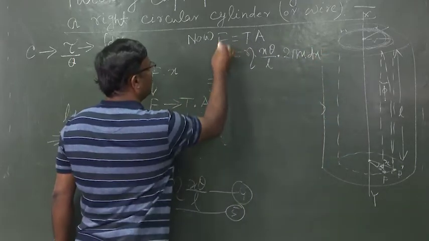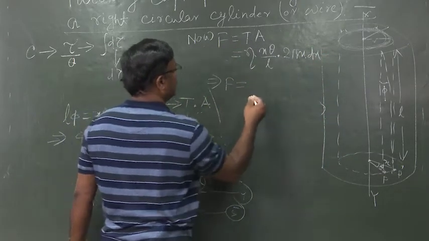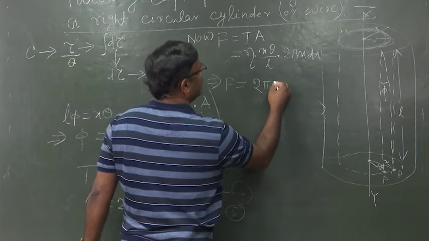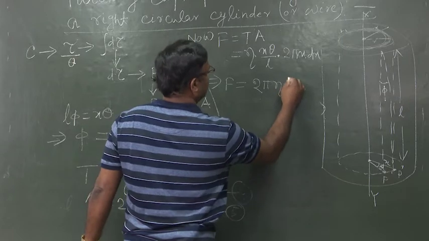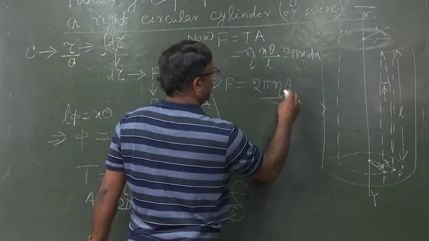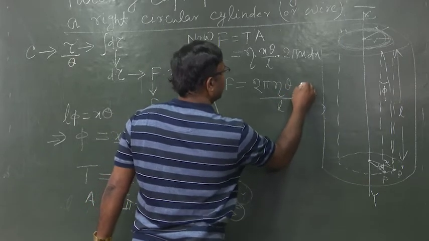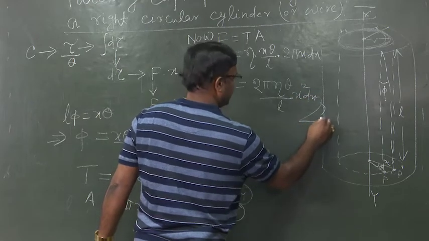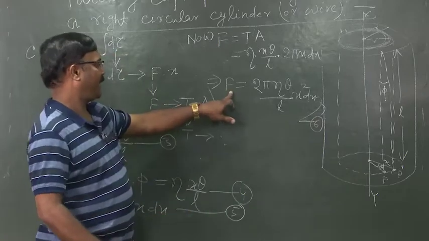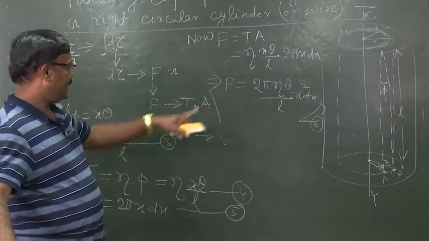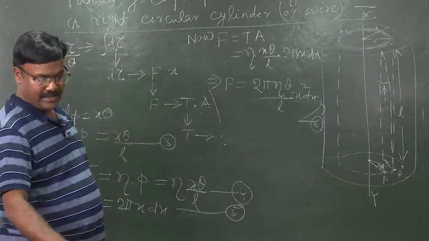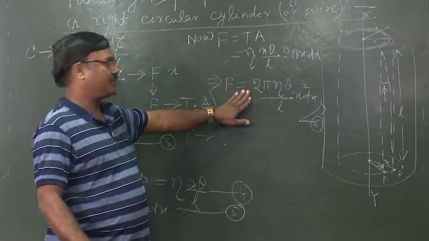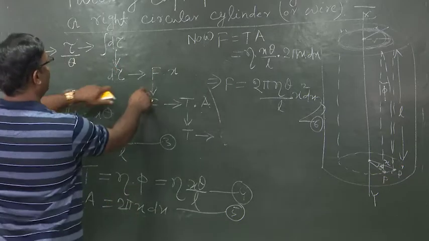On solving, we can write F is equal to 2 pi eta theta by L into x square dx. This represents equation 6, and this represents the force.